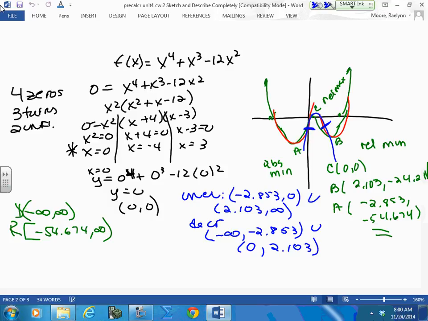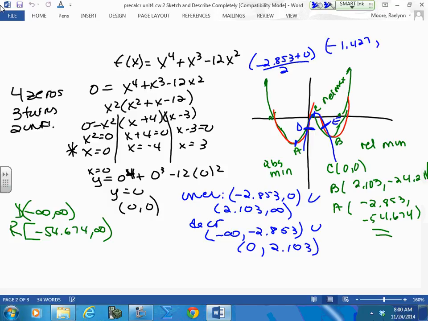We'll call this D and E. Halfway means you take this x value plus this x value and divide by 2. So your value of A is negative 2.853. Your value at C is 0. And divide it in half. This will give you your x value. So your x value would be negative 1.427.